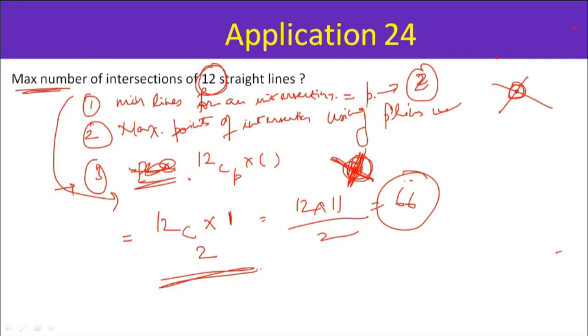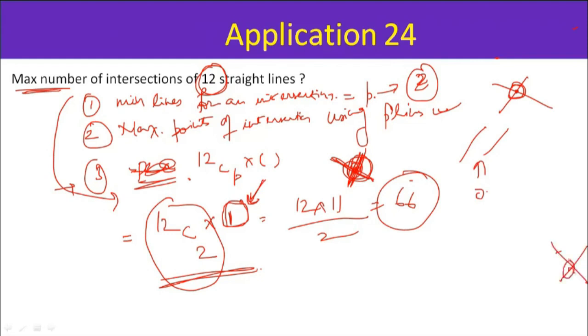Now, if you have 2 lines, what is that maximum number of points of intersection that you can have? In how many ways can you select 2 lines? It is 12C2, and using 2 lines, the maximum points of intersection are 1. See, I can have 2 parallel lines as well, where the number of intersection points is 0. But because we have to maximize it, we will talk about the maximum intersection point, which is 1.